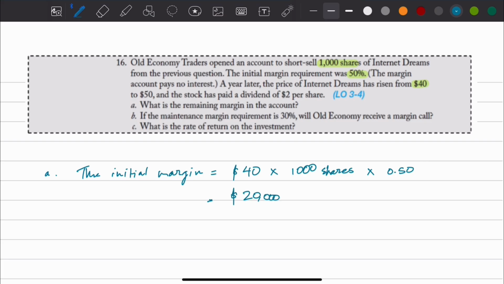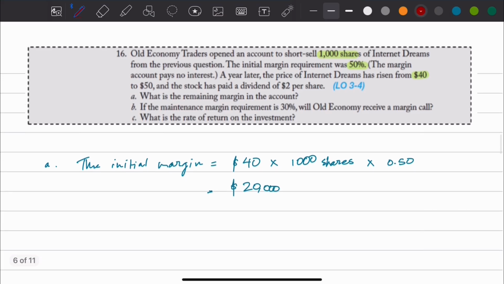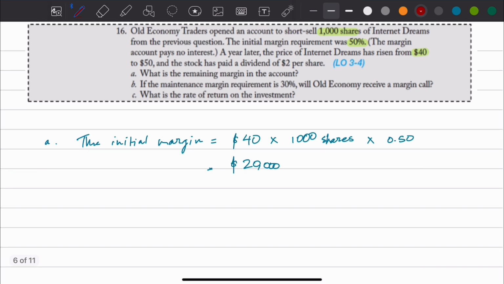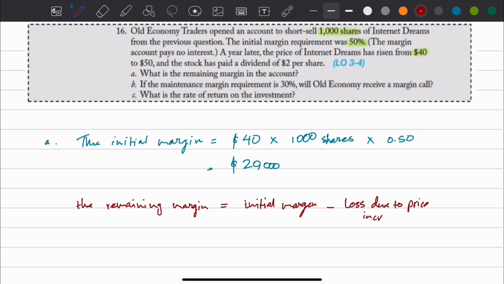Okay. Now that we know the initial margin, we can figure out the remaining margin, which will be the initial margin minus the loss due to the price increase, and minus the $2 dividend.